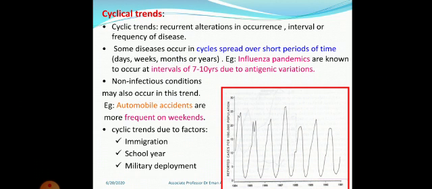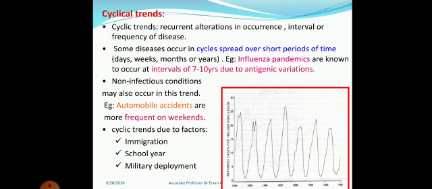For example, influenza pandemics tend to occur at intervals of 7 to 10 years due to antigenic variations. Or non-infectious conditions may also occur in this trend, such as automobile accidents, which are more frequent at the weekend.